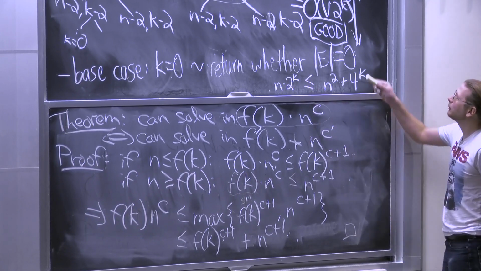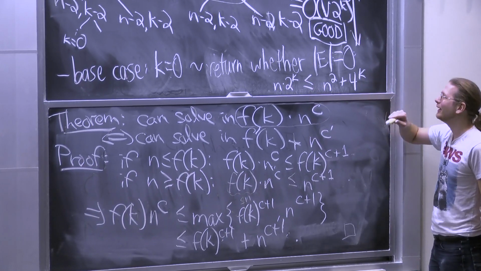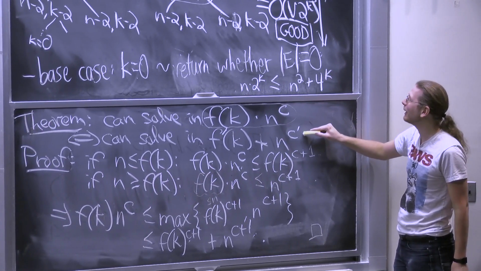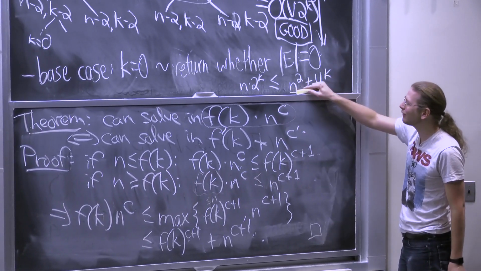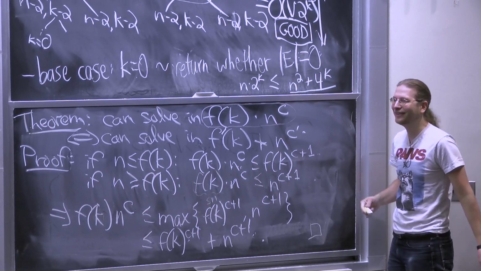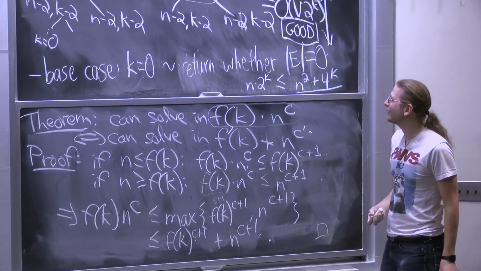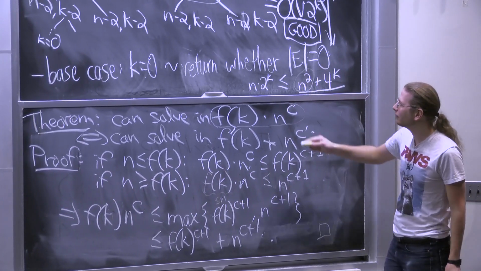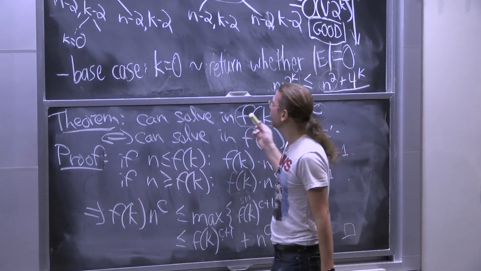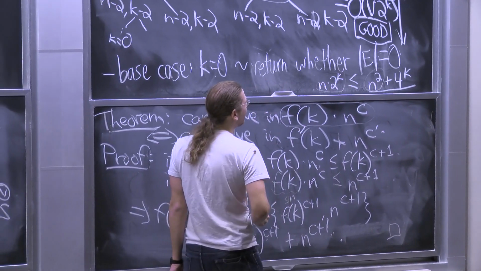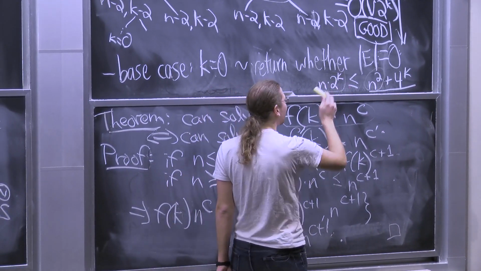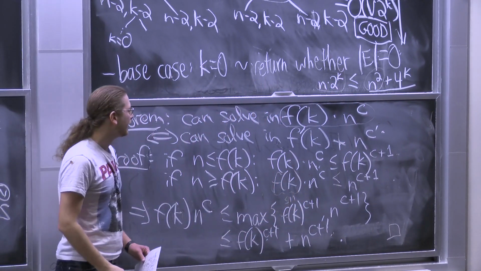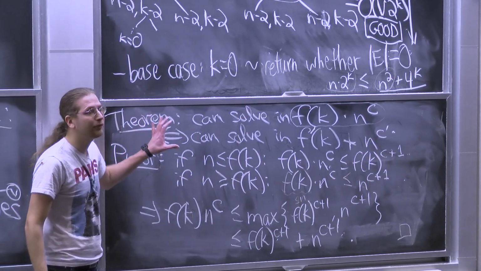Probably you prefer the first time bound. But if you really like an additive time bound, the exact same algorithm satisfies this. So not that exciting. In practice, n squared looks like a bad thing, so you probably prefer the multiplicative running time. But there is a sense that there's a quadratic thing going on here, in that we have an n and a function of k multiplied together. Whatever.